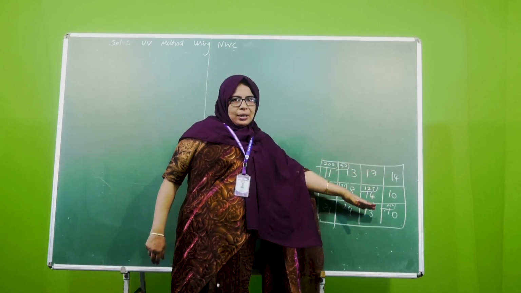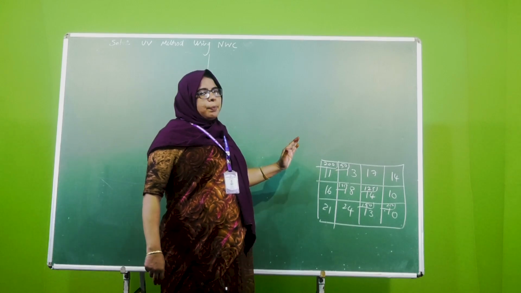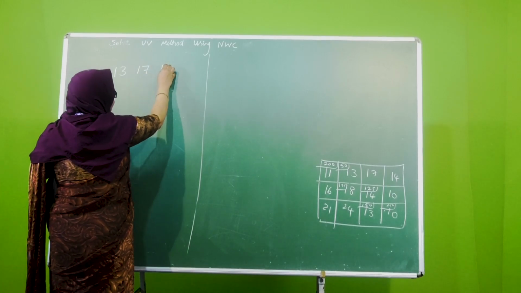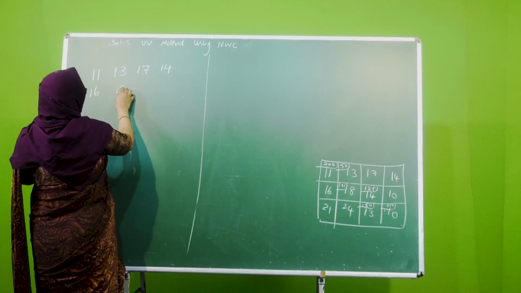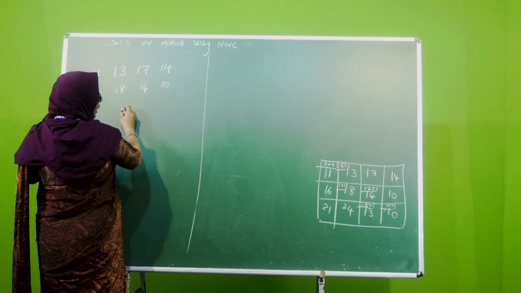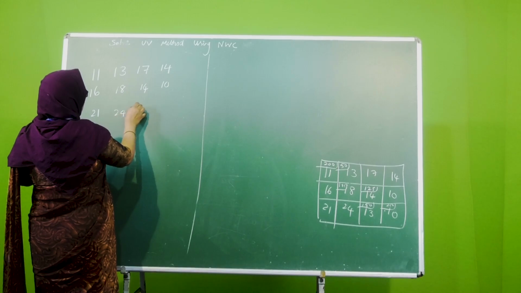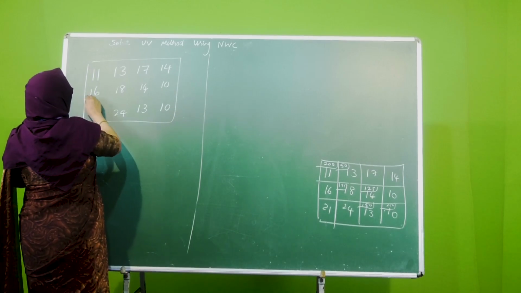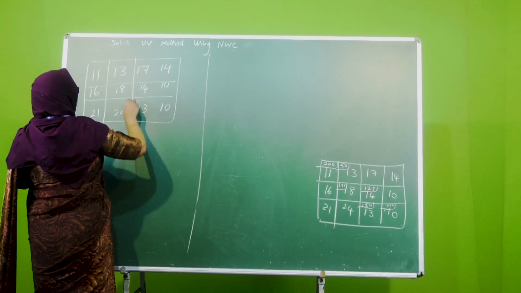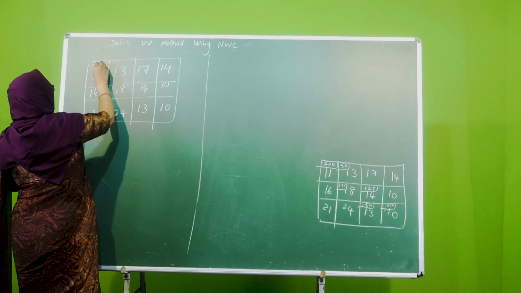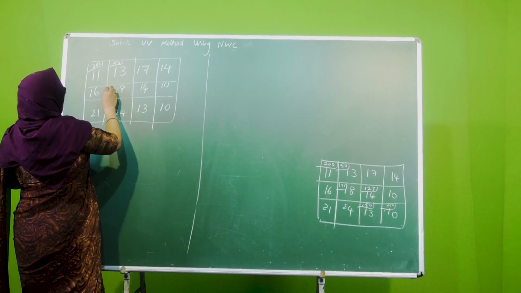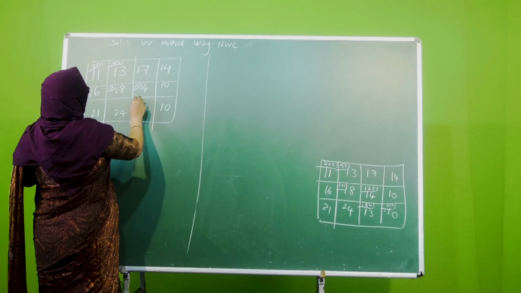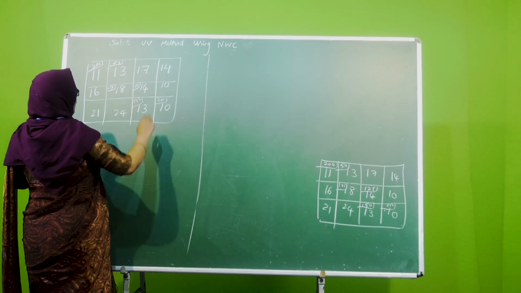So finally we got this table using the NWC method: 11, 13, 17, 14, 16, 18, 14, 10, 21, 24, 13, 10. The assigned values are 200, 50, 175, 125, 150, 250.